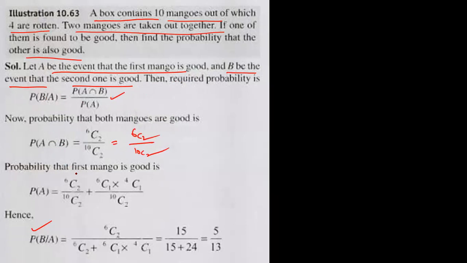Now, the probability that the first mango is good. What are the favorable cases here? Suppose both mangoes are good, or one is good and one is bad.